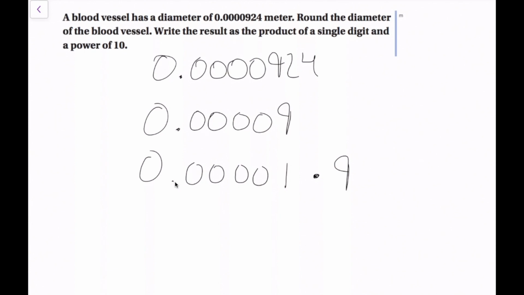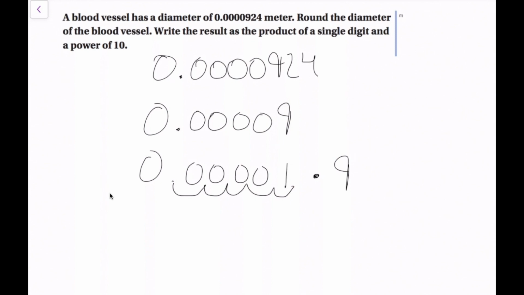The way I'm going to do that is move the decimal until I just get 1. So 1, 2, 3, 4, 5. Since I moved the decimal to the right 5 times, this number is going to turn into 10 to the negative 5th power.